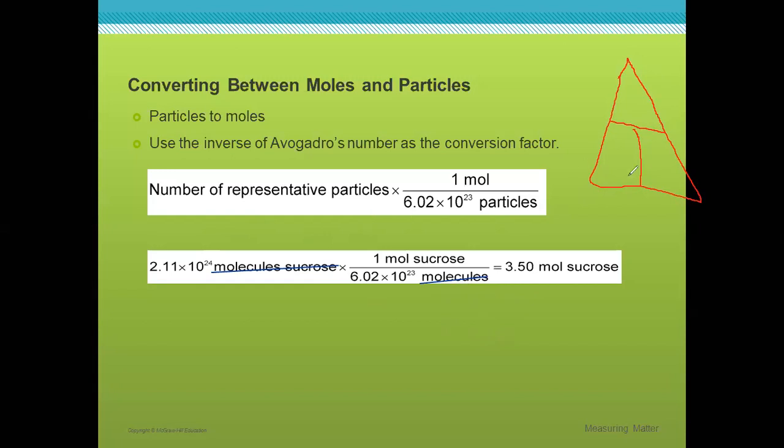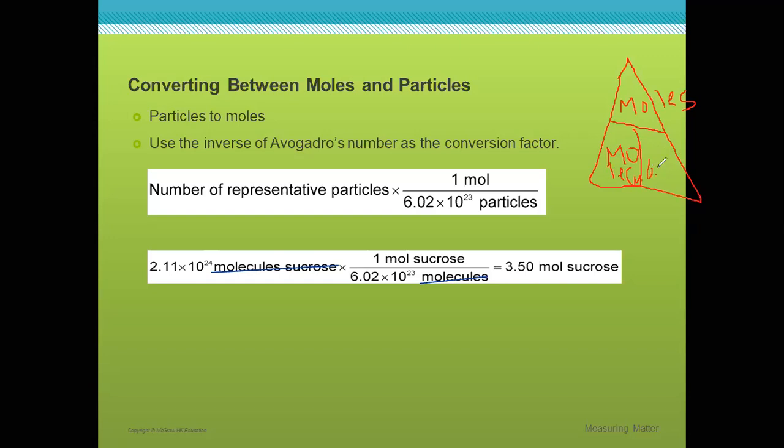And number of molecules equals number of moles times Avogadro's number, which is equal to 6.02 times 10 power 23. It's fixed.